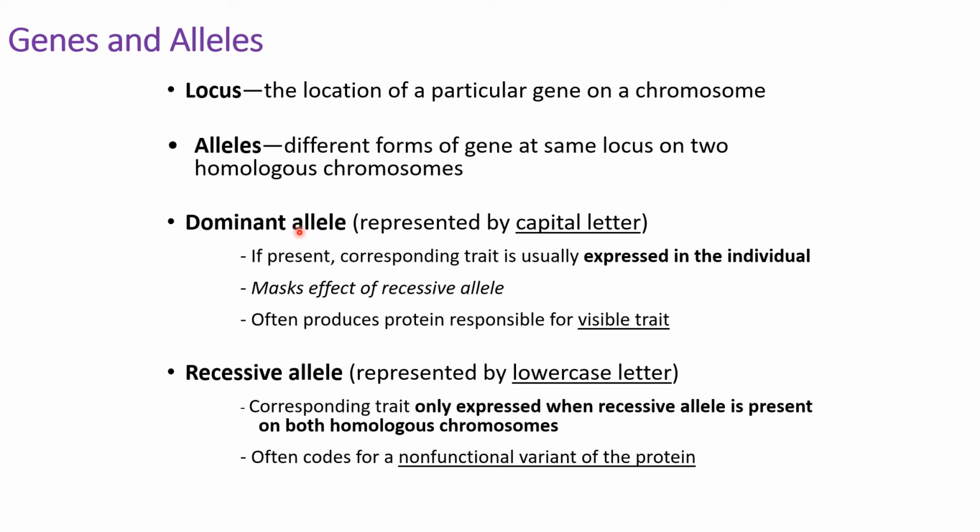The dominant allele is called dominant because this is the allele that will be expressed in the individual. This ends up masking any effect of a recessive allele. This is what codes for a visible or observable trait in the person.